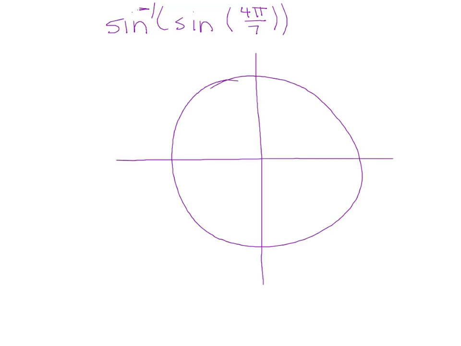All right? So first I know that I have the inverse sine of the sine of 4 pi over 7. These basically cancel out, right? And what I'm left with is 4 pi over 7. What quadrant is that in? Quadrant 2. Uh-oh.